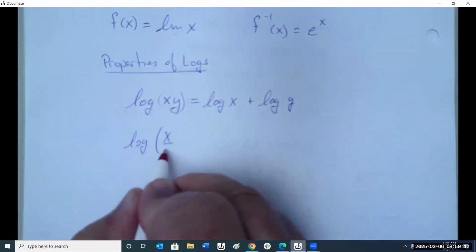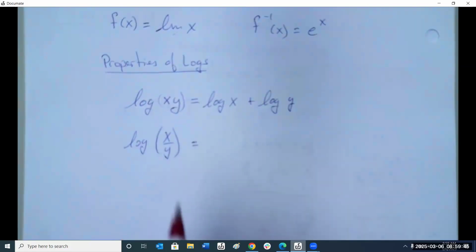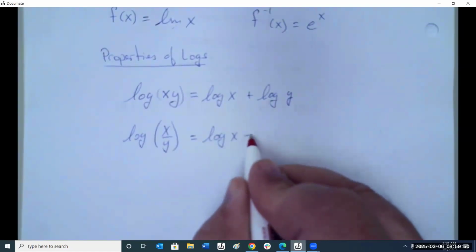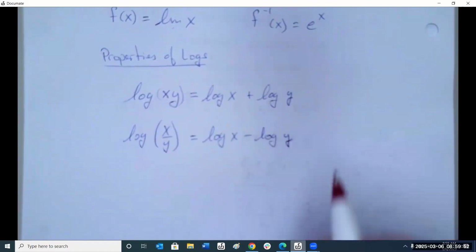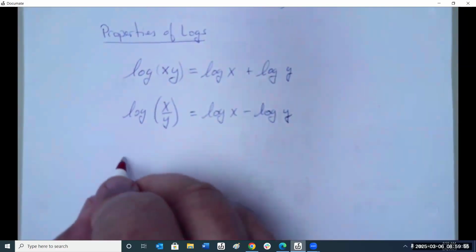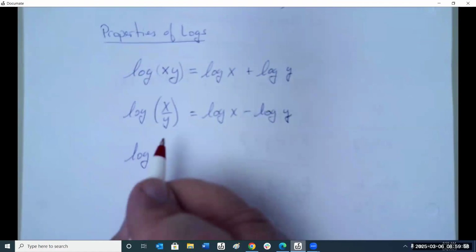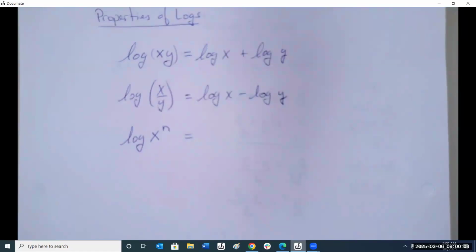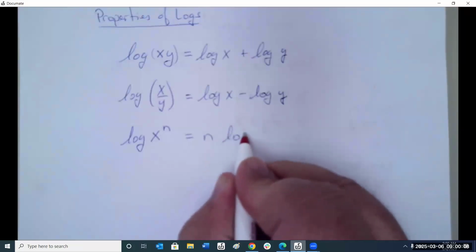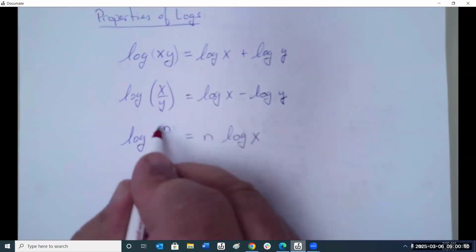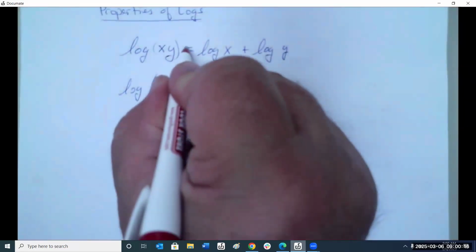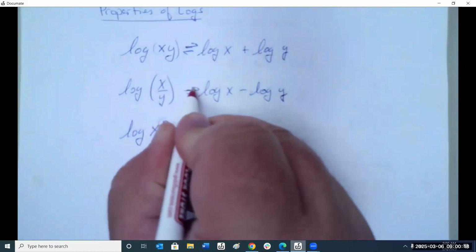If you have a quotient, log of x over y. If you have an exponential, log of an exponential, what does that equal? Right, because you cannot have exponents that just go in front. Again, these go both directions. We can go this way and we can go backwards.